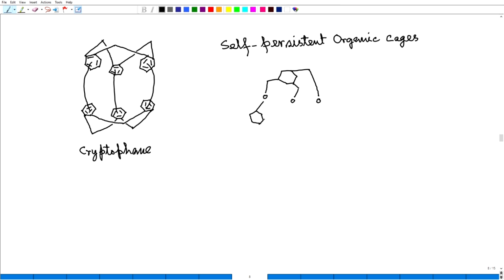It could be meta, it could be para. Actually it will be like this.